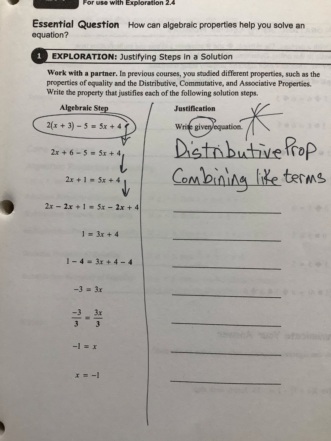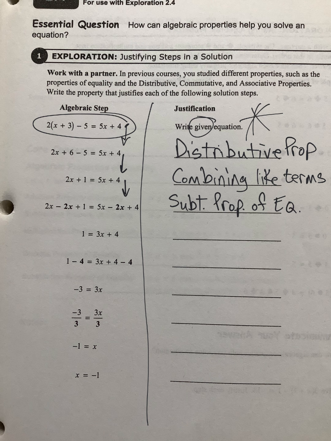They subtracted negative 2x on both sides. So you would say the subtraction property of equality, and that's the proper way of abbreviating it.